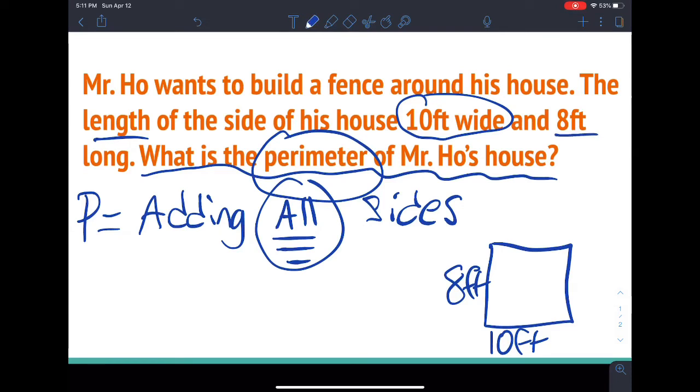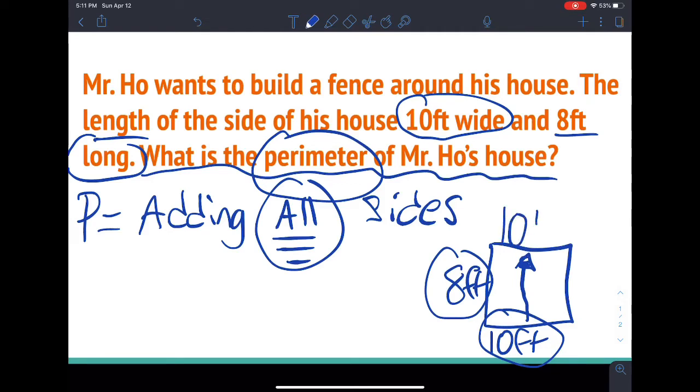Right here, it says 8 feet long. Now, it only gave us two sides right here, right? But I know that this looks like a rectangle, and with rectangles, we know that opposite sides are equal. So if the opposite sides are equal, if this side's 10, this other side should also be 10. Correct? And the same goes here. If this side's 8, and that side equals 8.